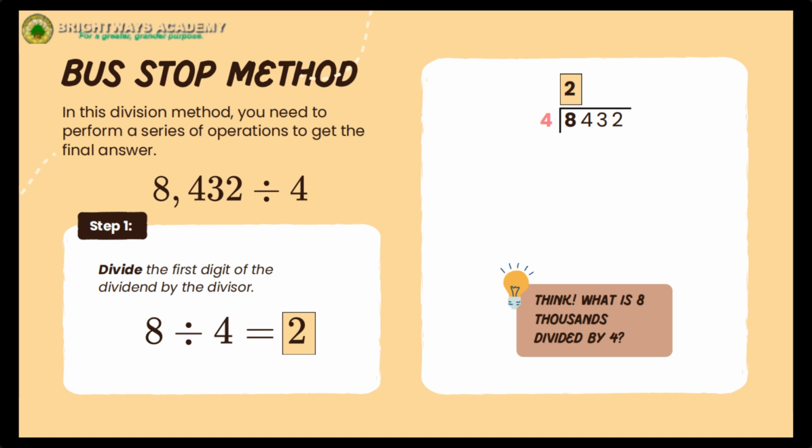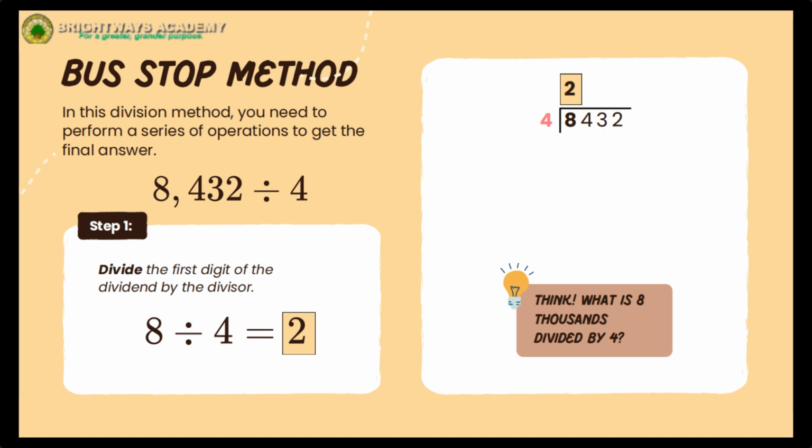And after that, divide the first digit of the dividend by the divisor. The first digit is the leftmost number. The leftmost number in the given is 8, which we will divide by the divisor, which is the 4. So, 8 divided by 4 is equal to 2.